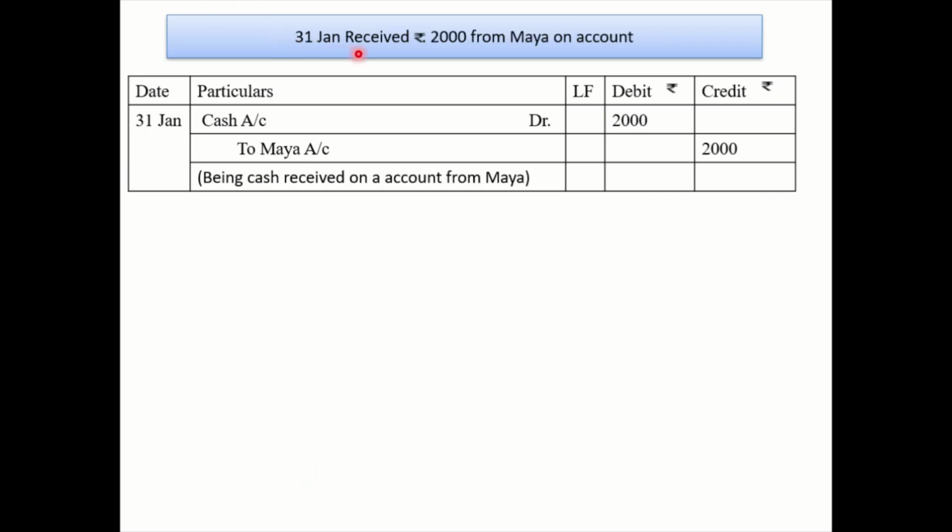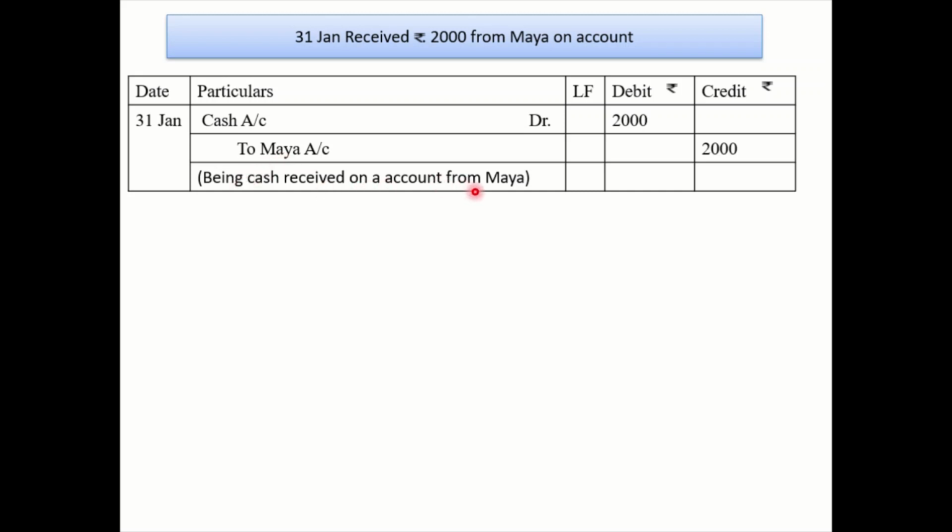Then 31st January, received rupees 2,000 from Maya on account. Here two accounts are involved, cash and Maya. That's why cash account and to Maya's account.